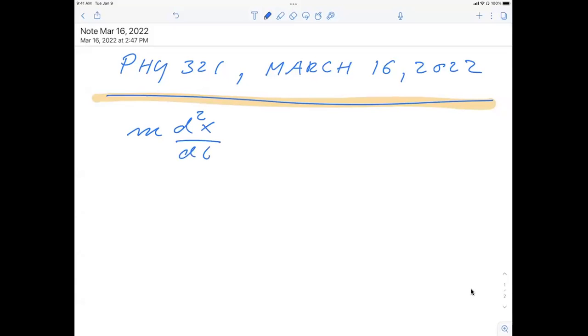It's still in one dimension. And then we had a resistance or friction term, which was given by the velocity. And then we have this linear term in x, k times x. And then we had some applied external force here, F0 times a cosine. And we were able to find the particular solution to this quantity.